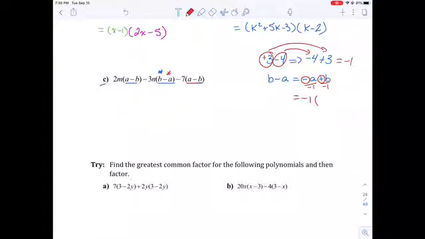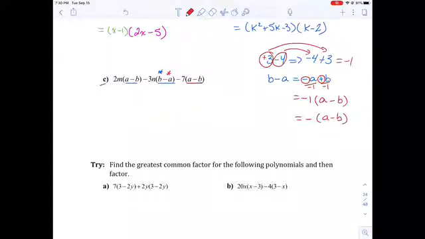Negative a divided by negative 1 is a positive a, and positive b divided by negative 1 is a negative b. And now I've got a negative times a minus b. So I'm just changing what that looks like. If I wanted to distribute that negative back inside, I would still get back my negative a and my positive b.